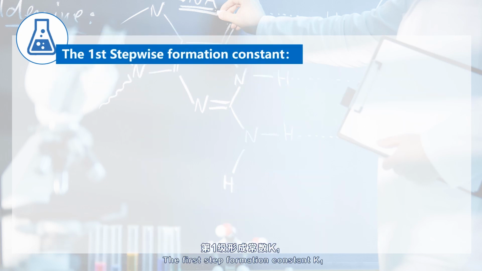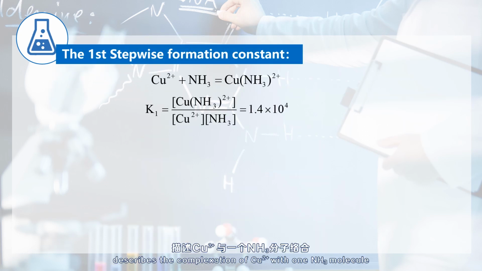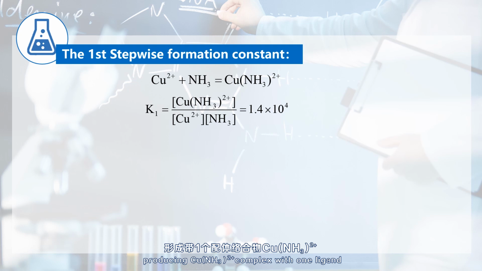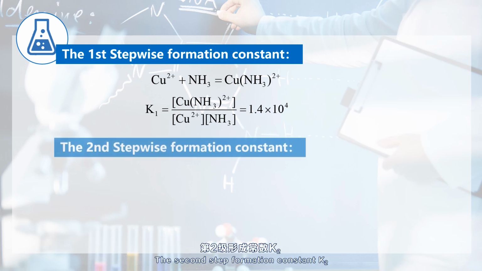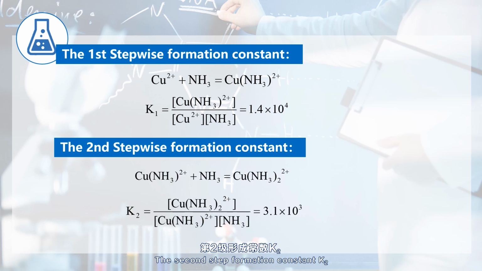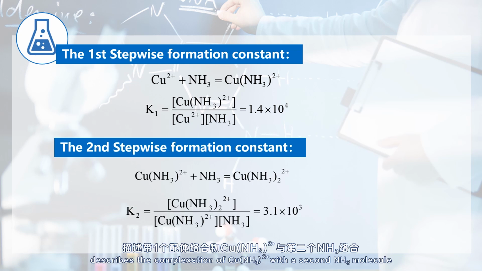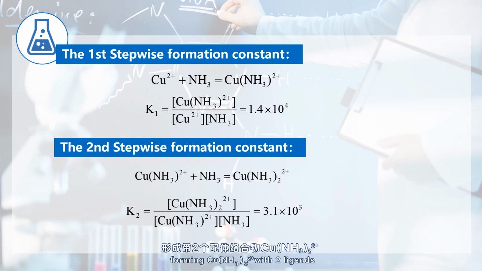The first step formation constant K1 describes the complexation of copper ion with one NH3 molecule, producing Cu(NH3) 2+ complex with one ligand. The second step formation constant K2 describes the complexation of Cu(NH3) 2+ with a second NH3 molecule, forming Cu(NH3)2 2+ with two ligands.